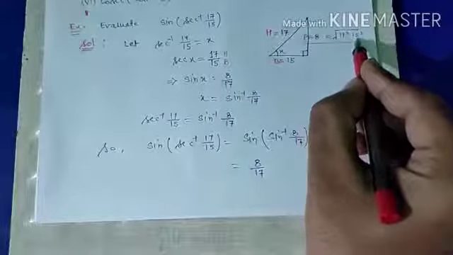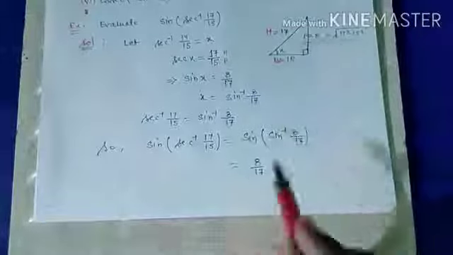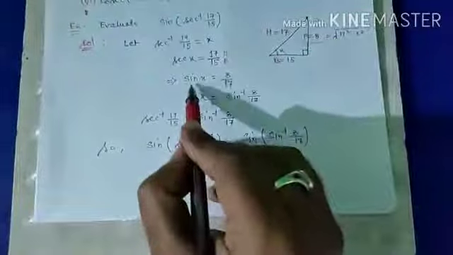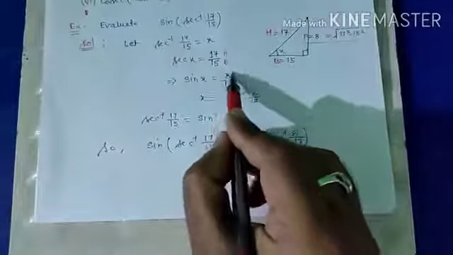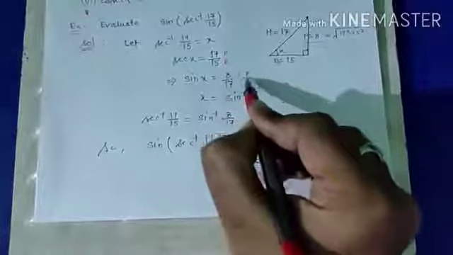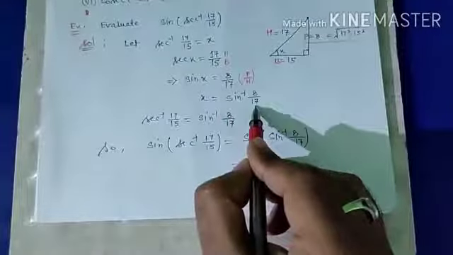Root of 17 square minus 15 square will give me 64, and 8 will be the square root of that. So perpendicular is 8. So sin x I can say is equal to 8/17, perpendicular upon hypotenuse. So x is sin inverse 8/17.